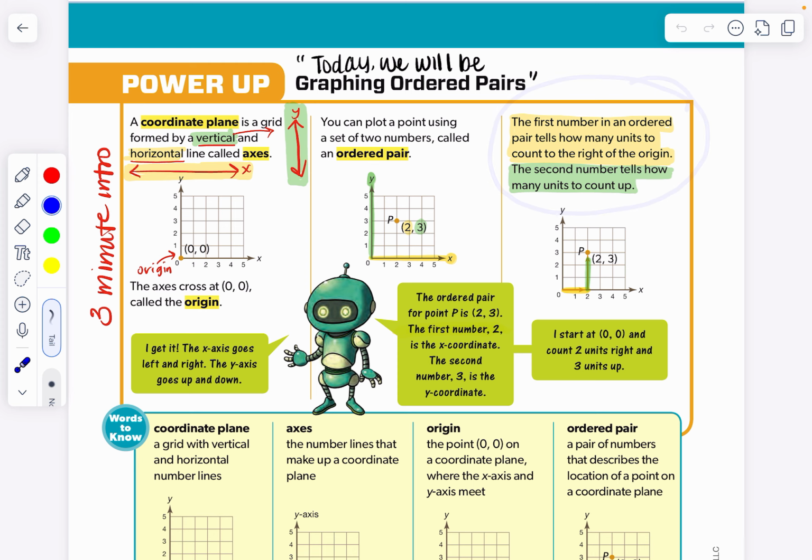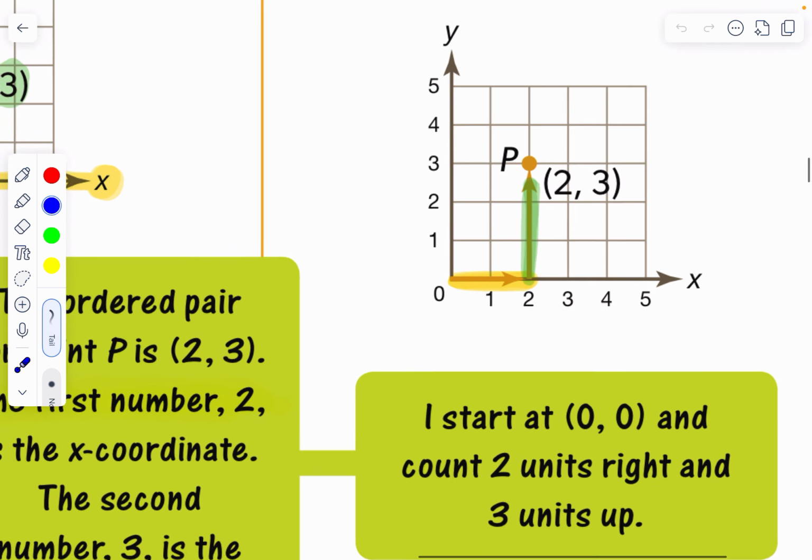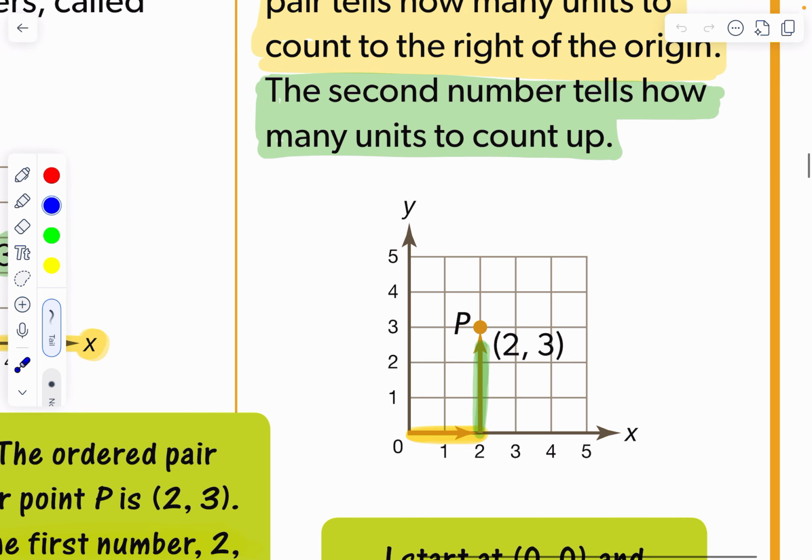So, focused on the ordered pair 2, 3, it says the first number in an ordered pair tells how many units to count to the right of the origin. So the first number is that 2, right? It tells you how many units to count to the right. So I'll zoom in, again starting at the origin. I need to go 2 units to the right.